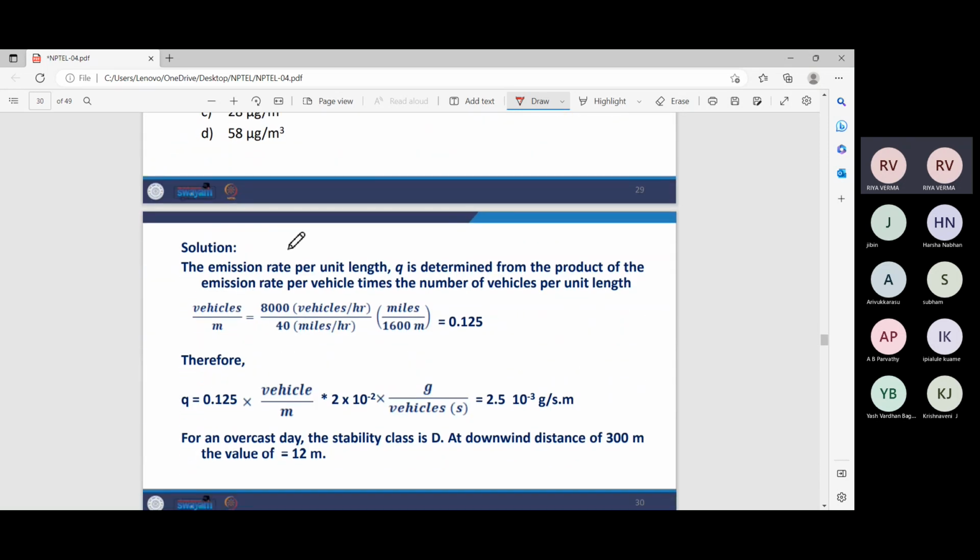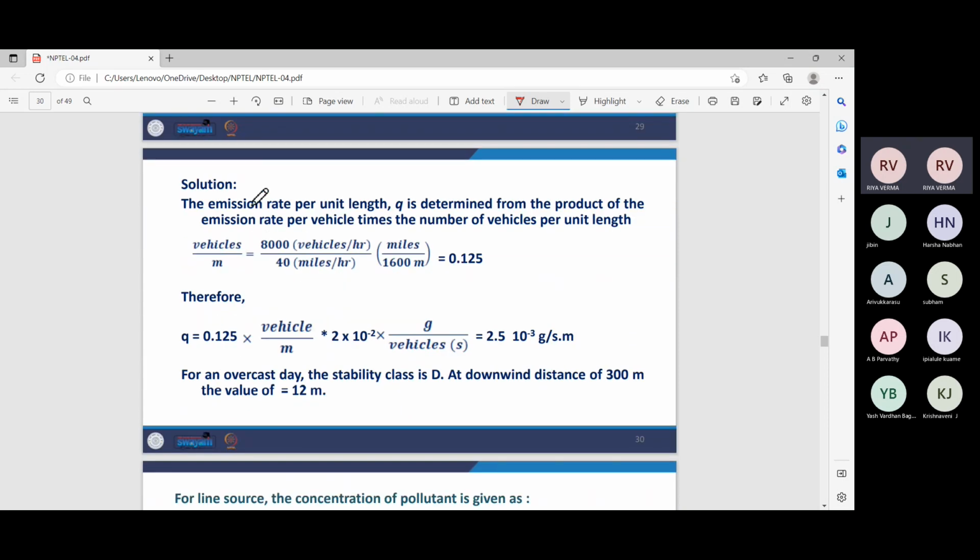So let's see. The emission rate per unit length Q is determined from the product of the emission rate per vehicle multiplied by the number of vehicles per unit length.